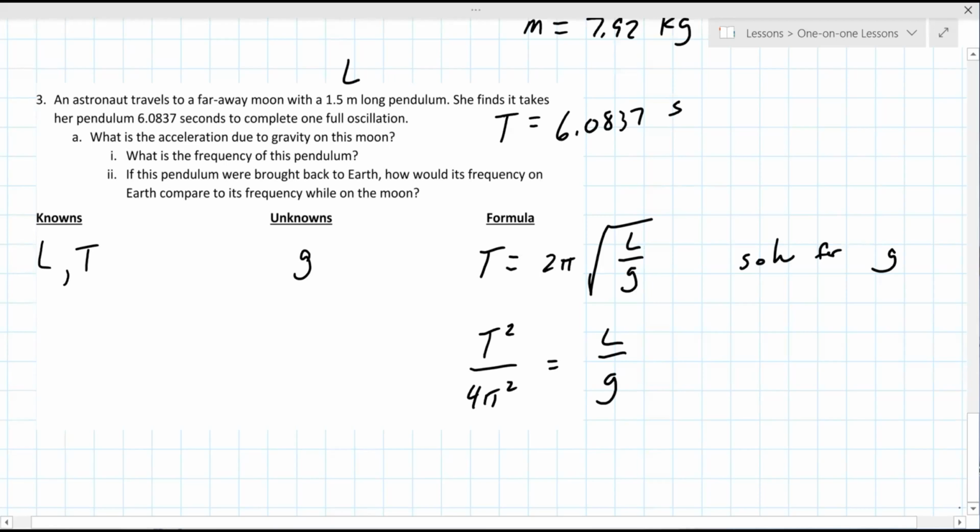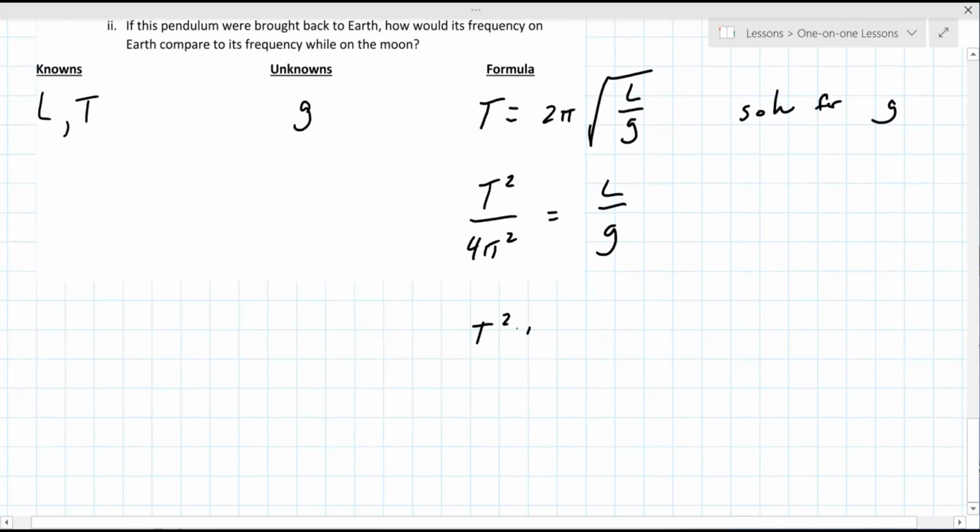You cross multiply to get G out of the bottom. So G is equal to 4 pi squared L over T squared.